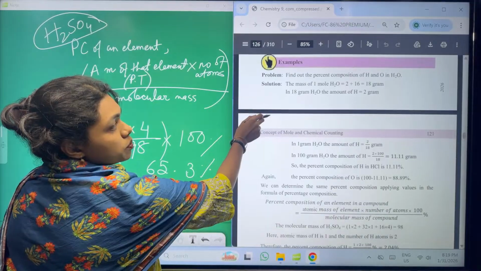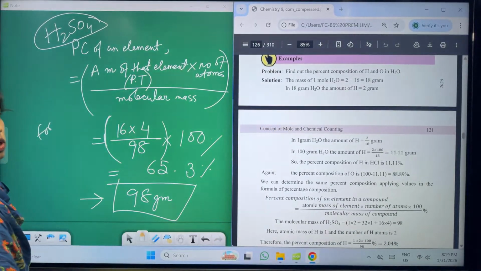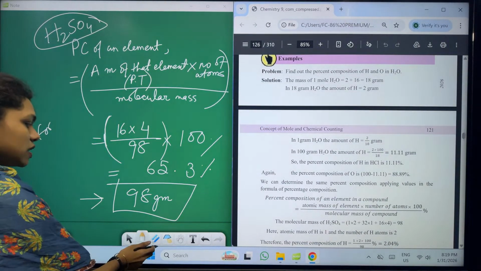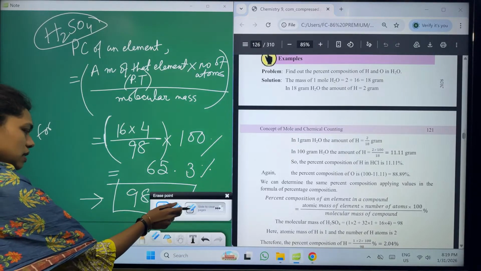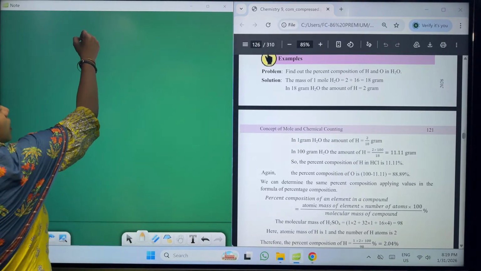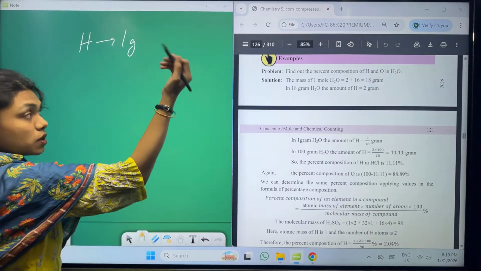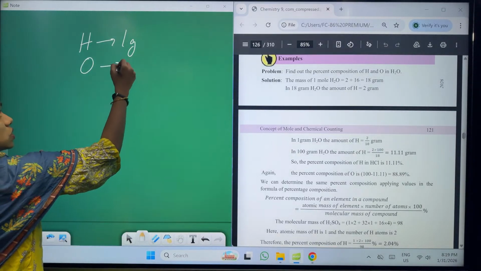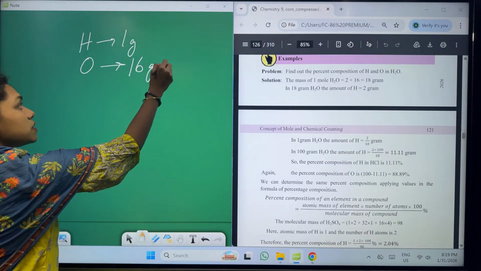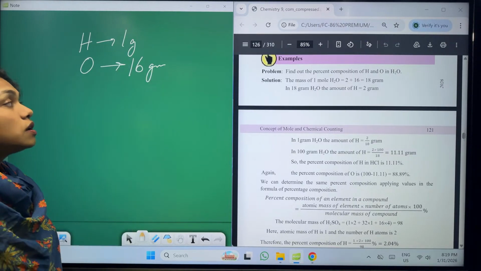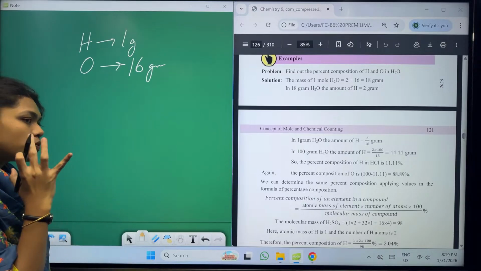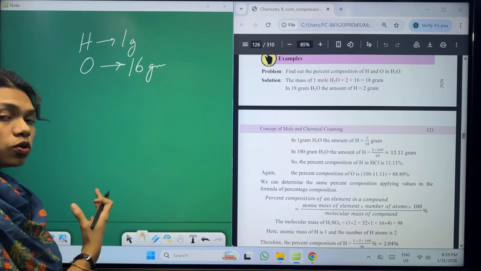Okay, so once again find out the percent composition of hydrogen and oxygen in H2O. It's very easy. I know the atomic mass of hydrogen is 1 gram. Where did I derive that from? The periodic table. I know the atomic mass of oxygen is 16 grams. Where did I derive that from? From the periodic table. Once again, these are the mass of 1 mole of hydrogen atoms and 1 mole of oxygen atoms.